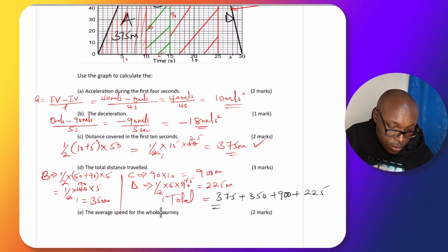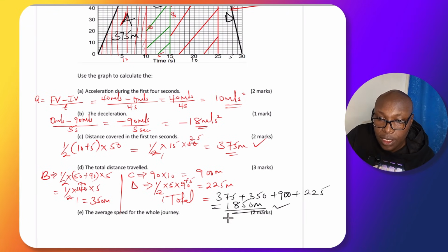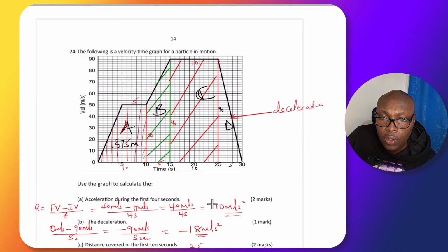So 375 plus 350 plus 900 plus 225 gives 1850 meters. That is the total area under the velocity time graph.